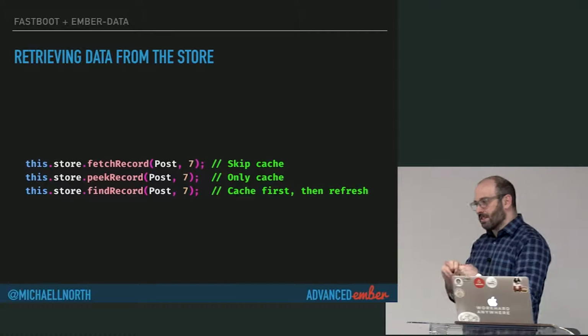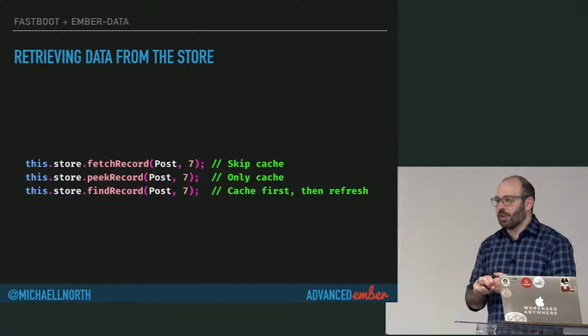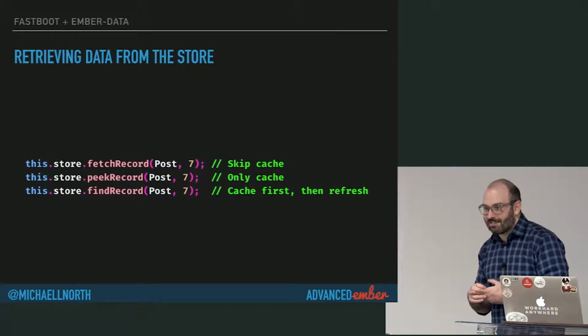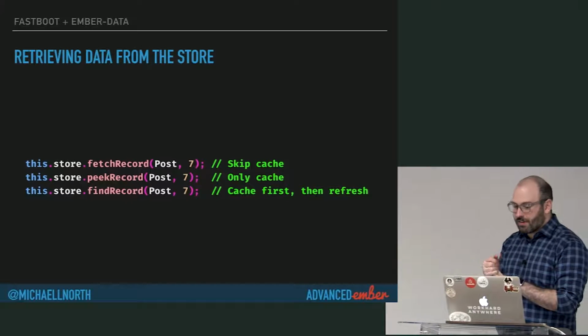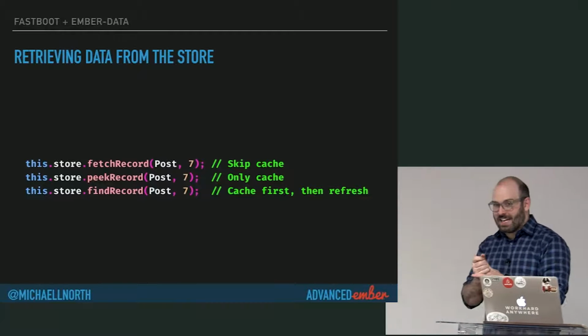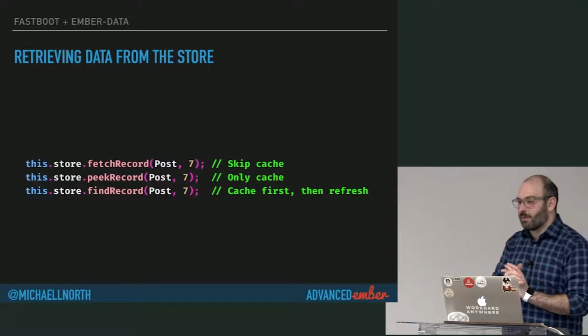Fetch always makes a new API request. Peek will use whatever cached value you have in memory, or return nothing. It'll return null. Find, by default, will give you any cached data it has immediately, but then do what's called a background reload.